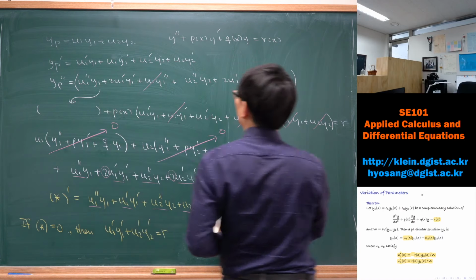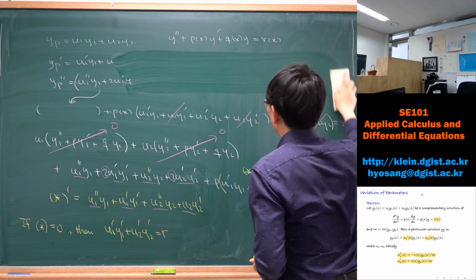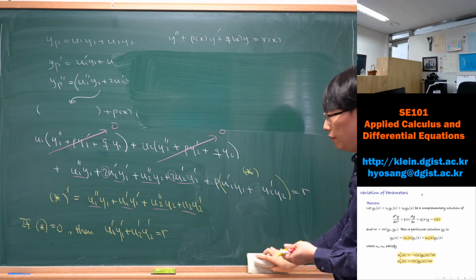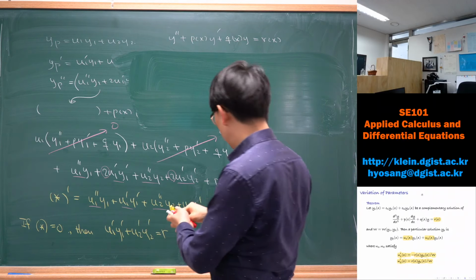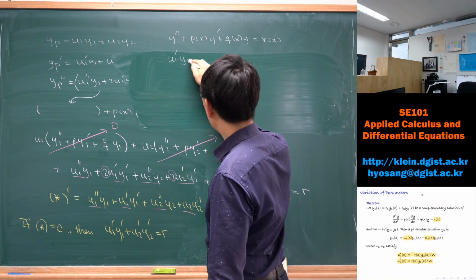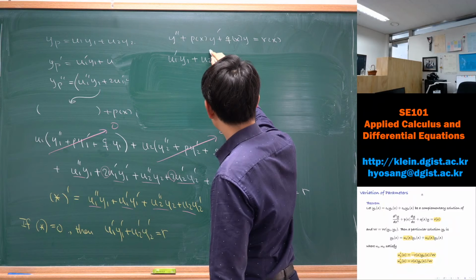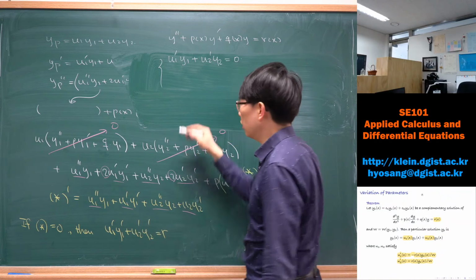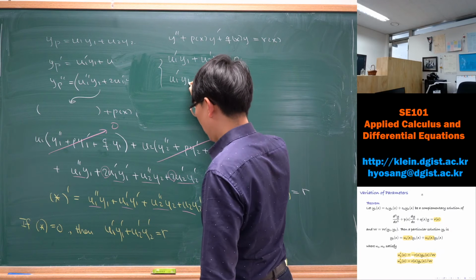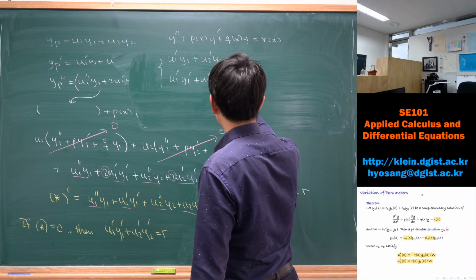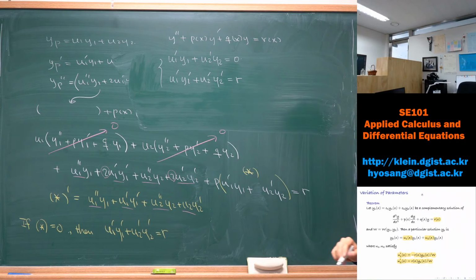But what it means is that I need, if there is a solution of this system of equations, u1' y1 + u2' y2 = 0, and this equation u1' y1' + u2' y2' = r, then we are done.